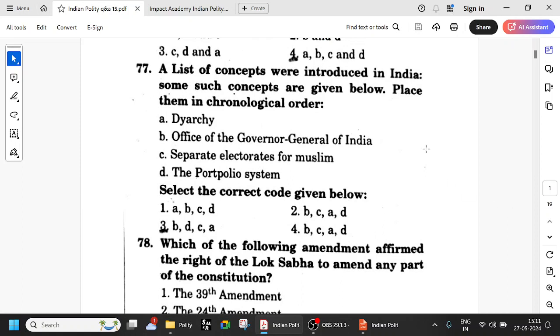A list of concepts were introduced in India. Some such concepts are given below. Place them in chronological order. Diarchy, Office of Governor General of India, separate electorates for Muslims, portfolio system. Diarchy and separate electorates for Muslims are two very standard things, right? We've already seen diarchy is 1919 and separate electorate for Muslims is 1909.